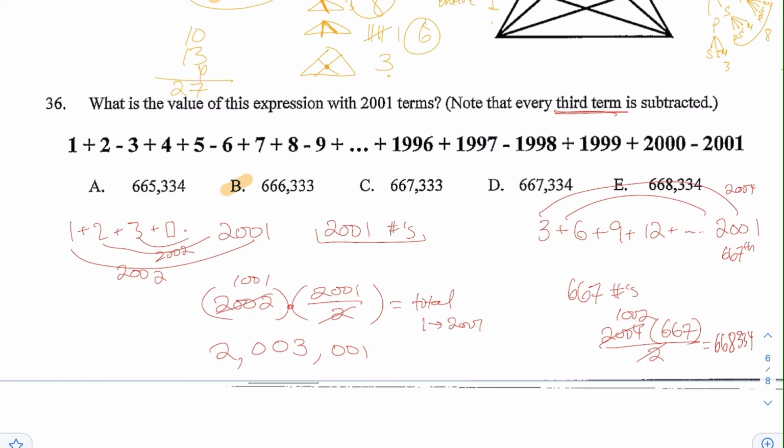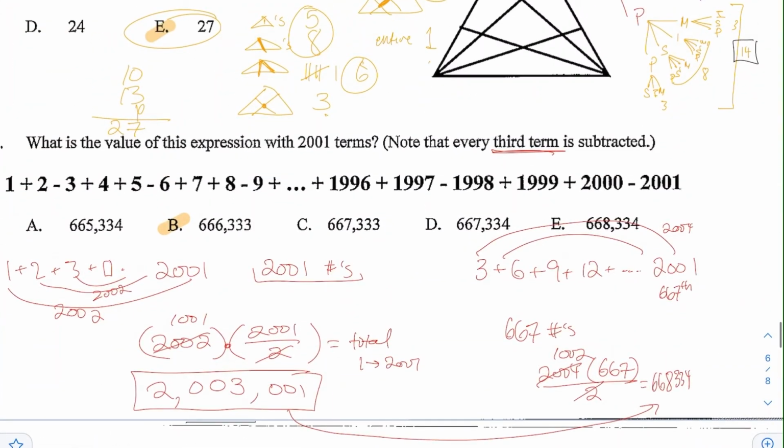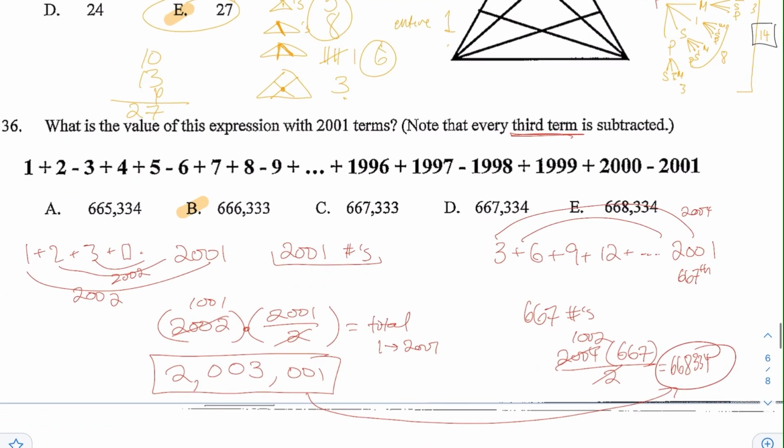Now when you take this total sum, if you added everything, and you subtracted just the negative terms, you just got the sum of just the positive numbers. So 1 and 2, 4 and 5, 7 and 8, etc. So you need to subtract 2 times 668,334.